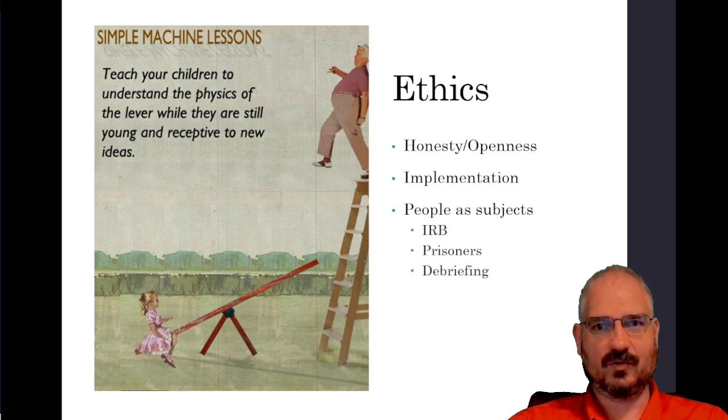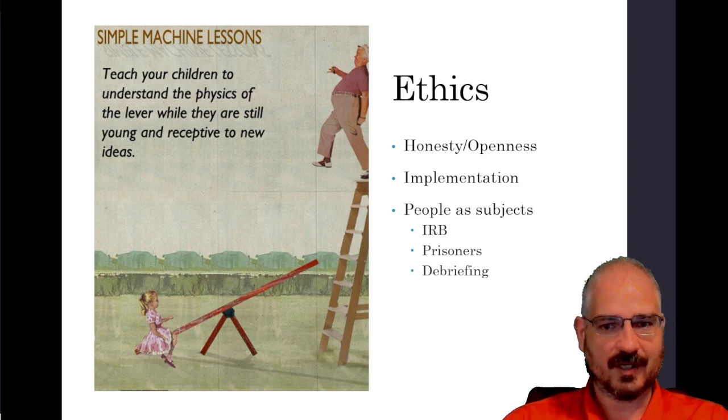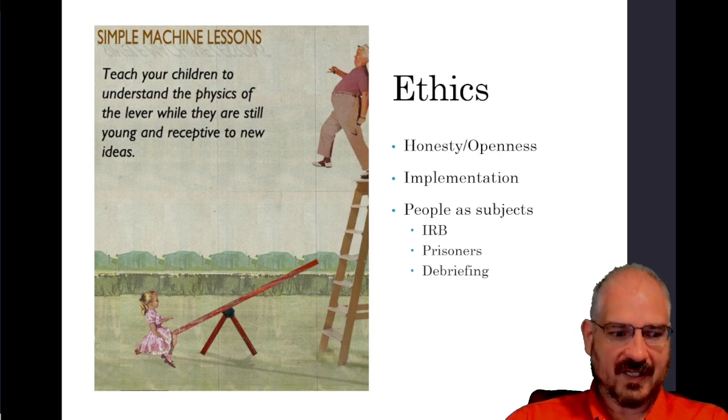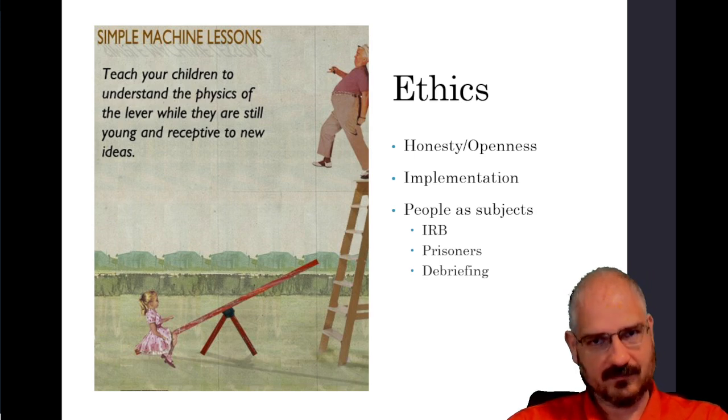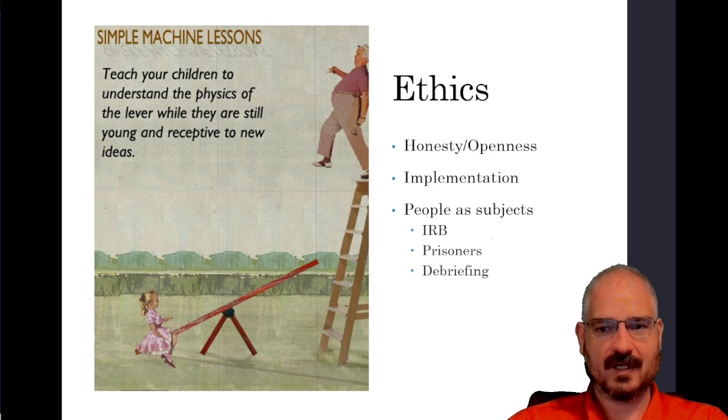Prisoners need to capital C consent to being a research subject, just like any person needs to consent to a sexual relationship. The problem is it's much more difficult for prisoners to consent to researchers than it would be for, say, you or I to consent to researchers.